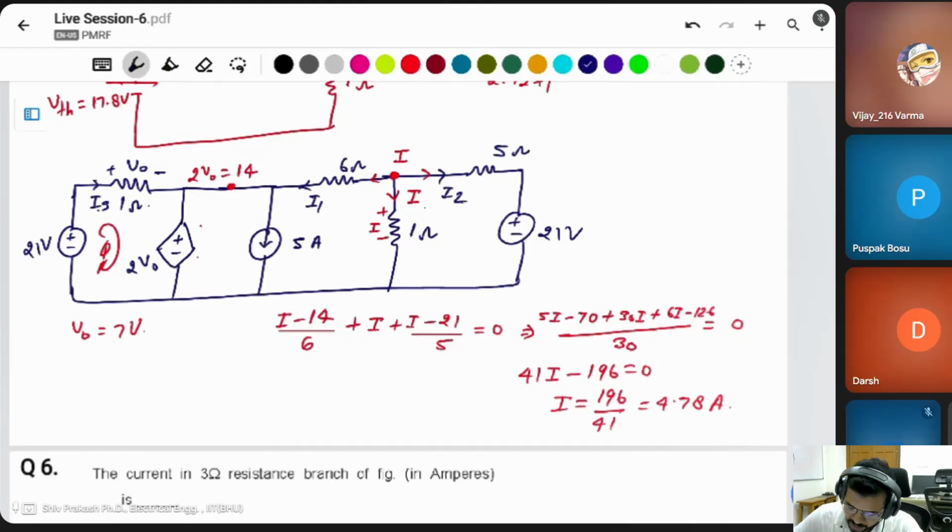Same thing, we already found the V naught. V naught is equal to 7 volt from the previous question. Same, you can apply KVL here.